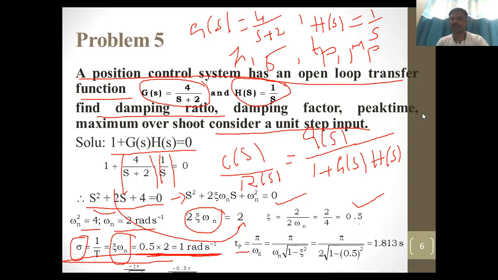Yes, sir. Sir, 0.1 shoot. Swati 19:37. Yes, sir.